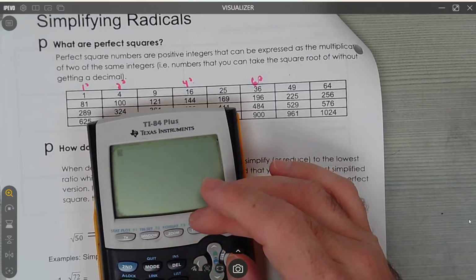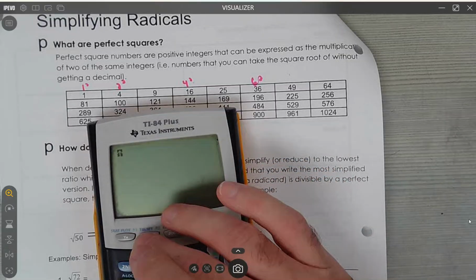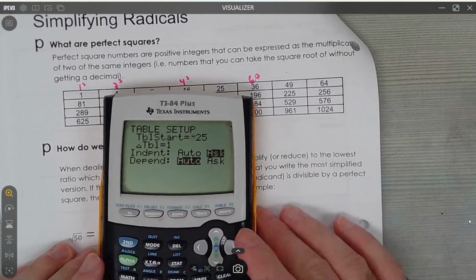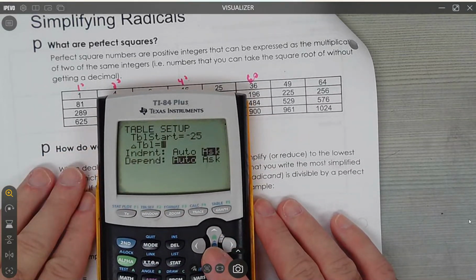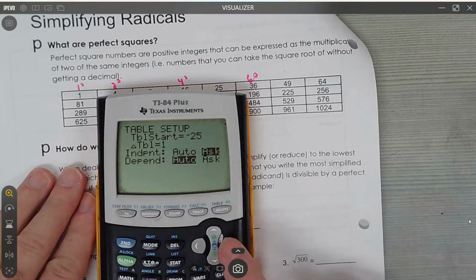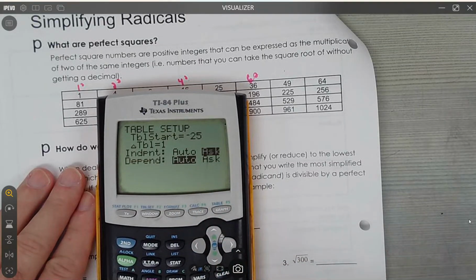Press second and window. Go to the independent row. You have two choices, auto or ask. In my case, I have ask, so highlight that, okay?